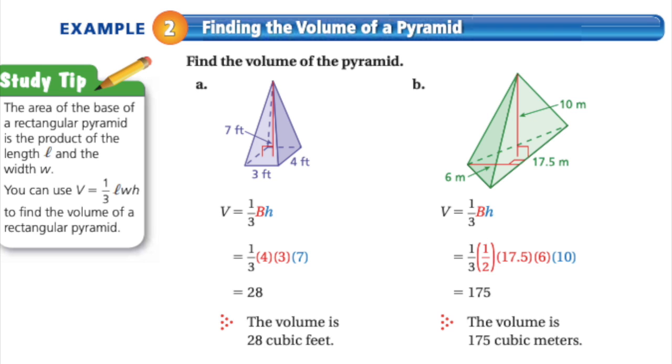And again, we are looking at the one that kind of looks like it's sitting on the ground. And so when they substitute this in, they end up with 1/3 times 1/2 times 17.5 times 6, and then times the height of the overall pyramid, which is 10. Simplifying all of that, you do get 175, so you end up with 175 cubic meters.